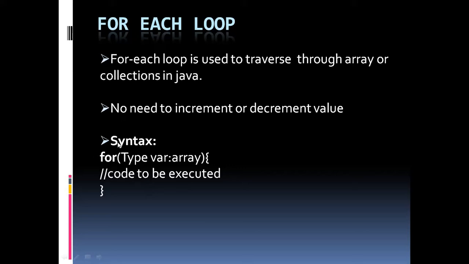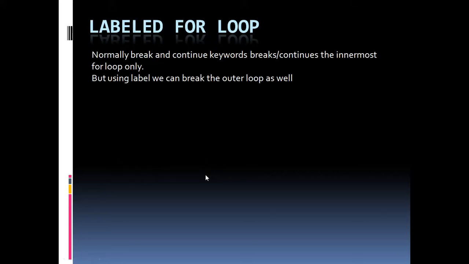This is the simple syntax: you have to use for and the data type of the variable, and a colon followed by a collection, if it is an array, or you can use it for maps or array list or whatever collection you are using. You have to give the variable of that collection and curly braces which contain the set of code to be executed. We will see a practical example of for each loop as well now.